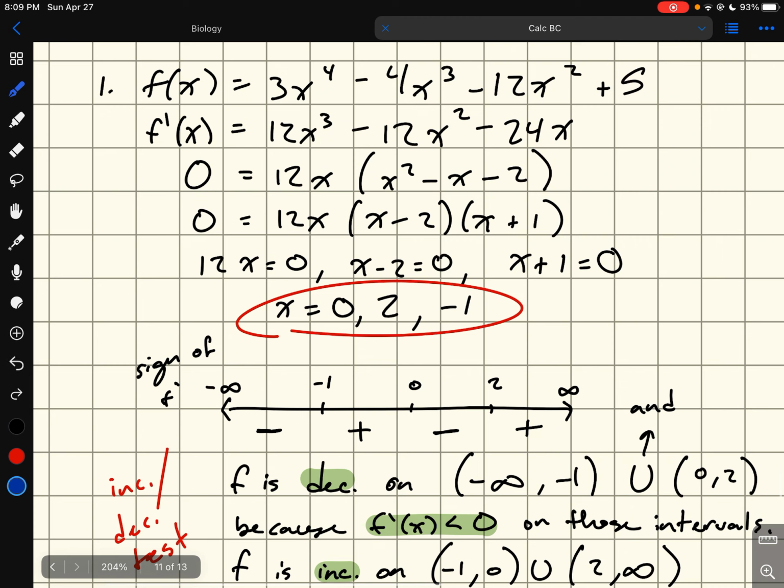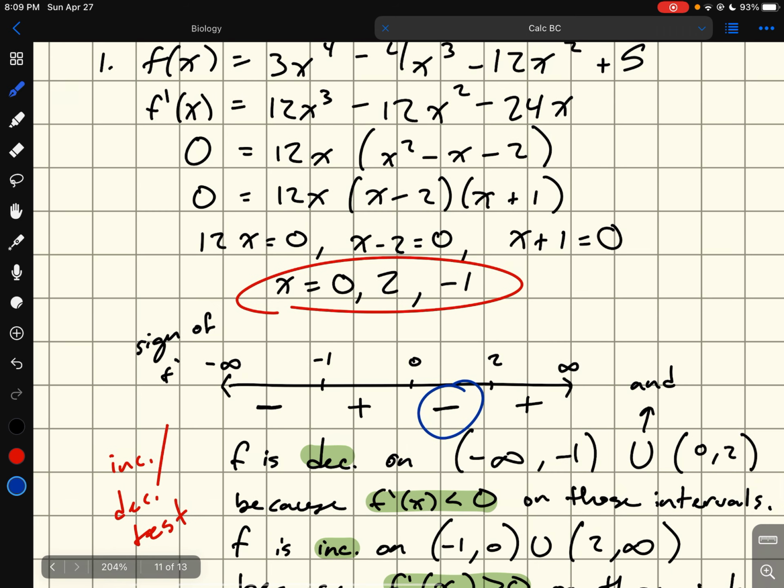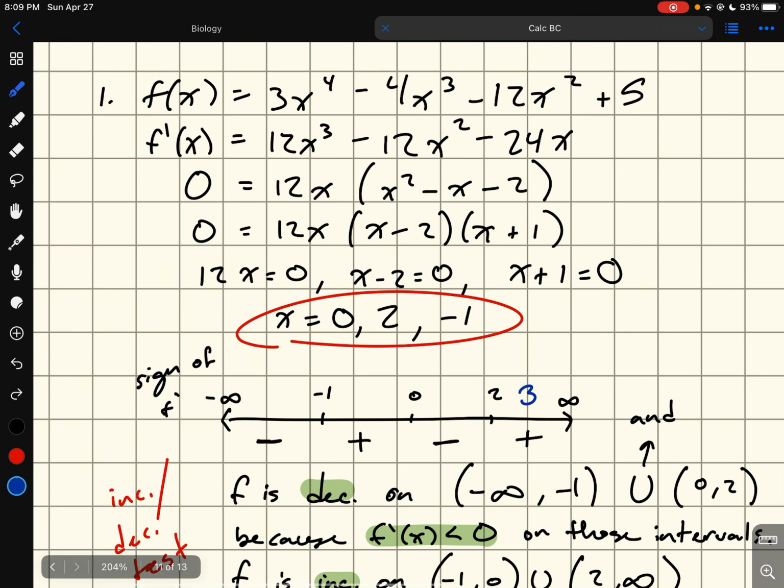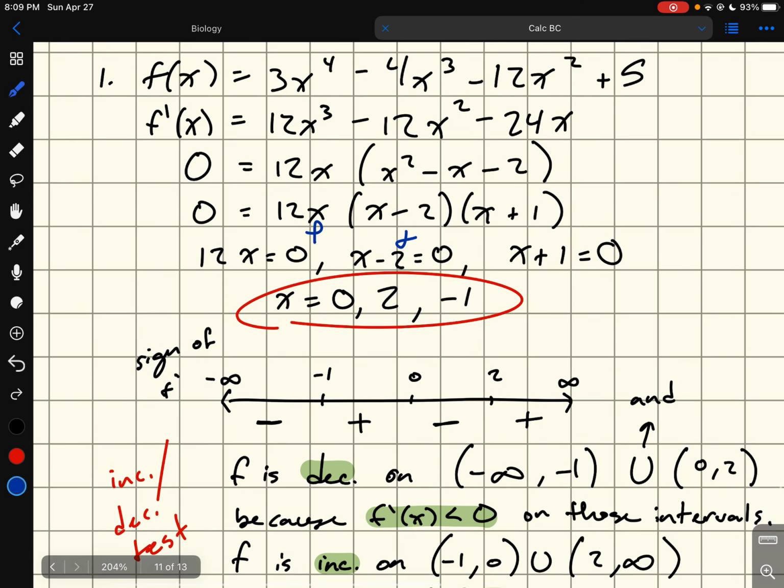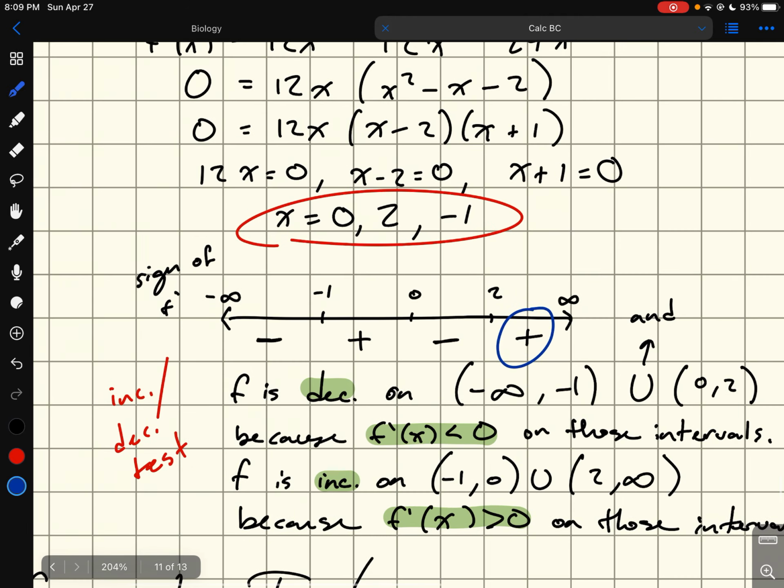I plug in a 1, it's positive, negative, positive. So it comes out to negative. And then I plug in a 3 here, so it's positive, positive, positive. Everything's positive, so it's positive on that interval.